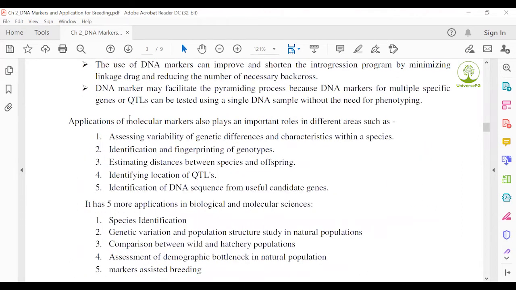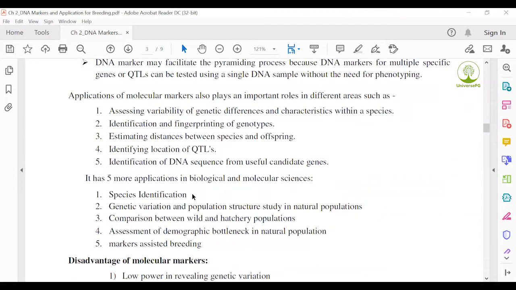Some other applications here: assessing variability of genetic differences and characteristics within species, identification and fingerprinting of genotypes, estimating distances between species and offspring, identifying locations of QTLs, identification of DNA sequence from useful candidate genes.